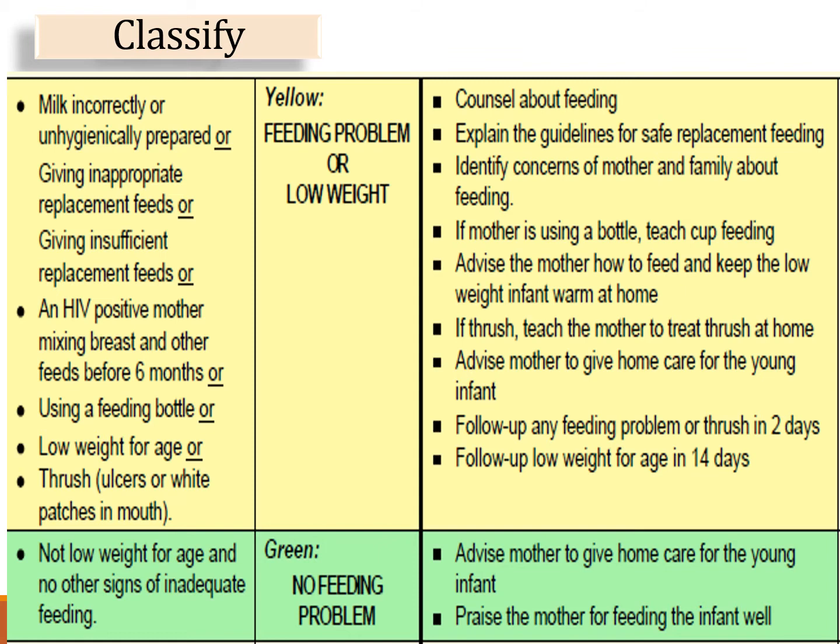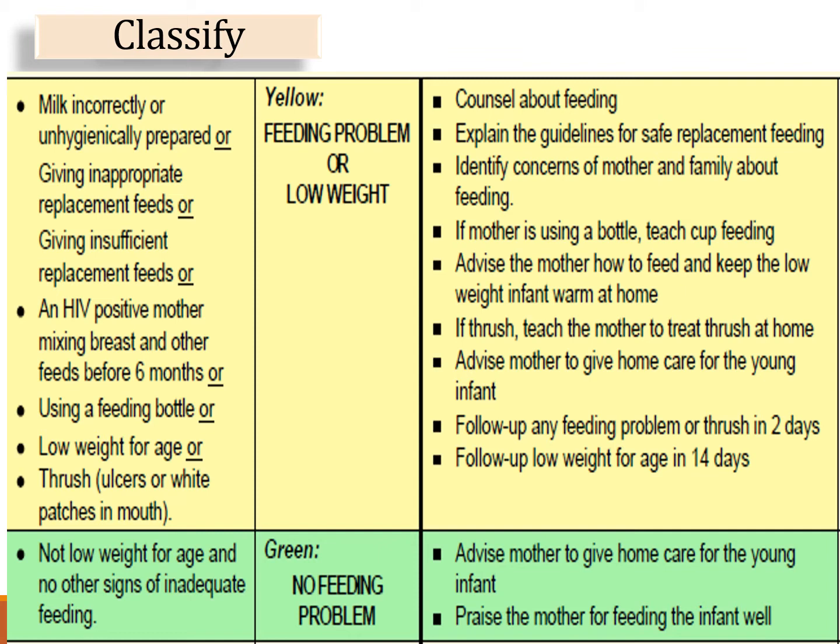If feeding problem or low weight, then milk incorrectly or unhygienically prepared, or giving inappropriate replacement feeds, or giving insufficient replacement feeds. Meaning this one, when you give a follow-up milk formula dose and you're dealing with an infant, then you give them milk that is intended for 1 year old and above.